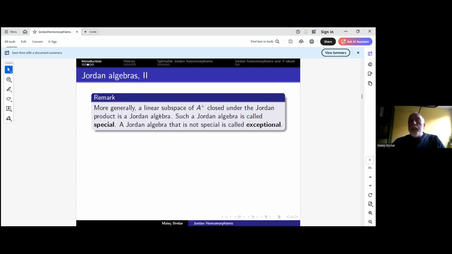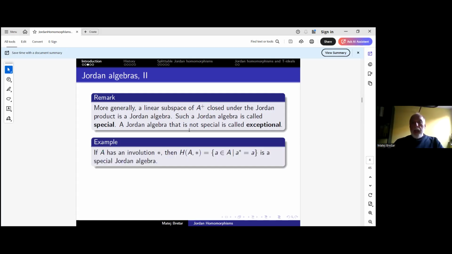Every linear subspace of A plus which is closed under the Jordan product is also a Jordan algebra. Such Jordan algebras are called special, and there are, rarely, also those that are not of that type, that are not subspaces in the sense of associative algebras, and they are called exceptional.